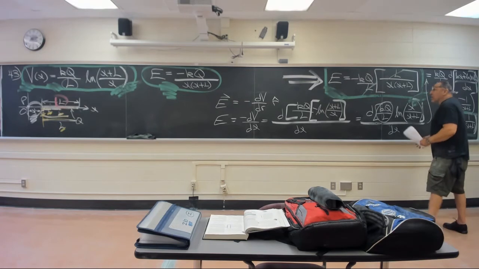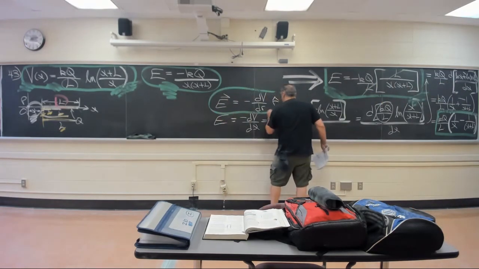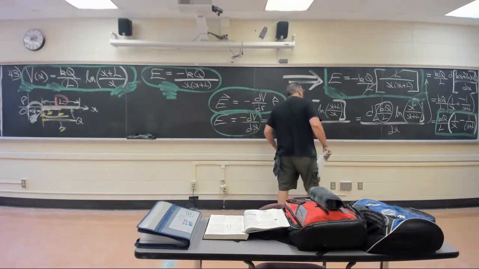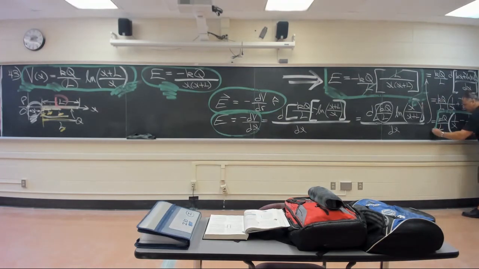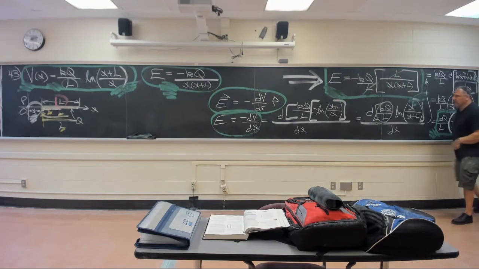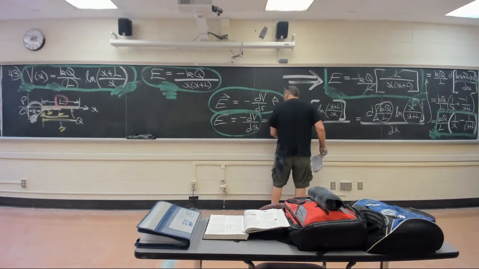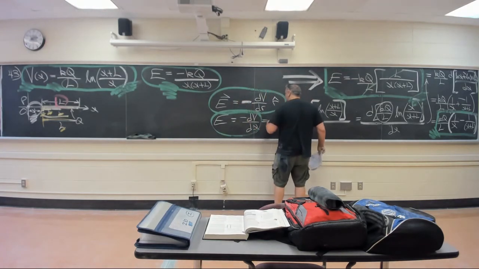Let's get this straight, guys. When we did this, we got this for a final answer when we did the derivative, in the way they tell us to do it, right?